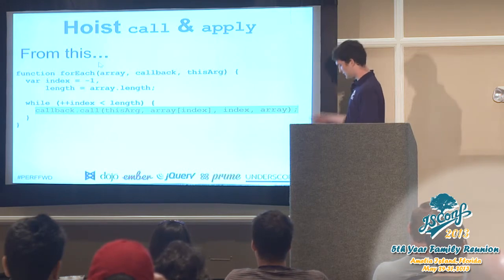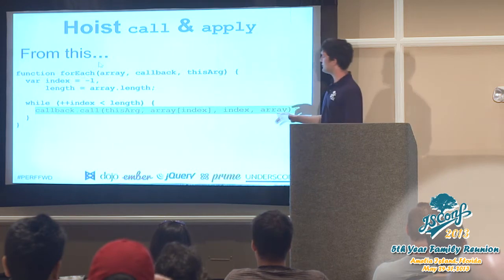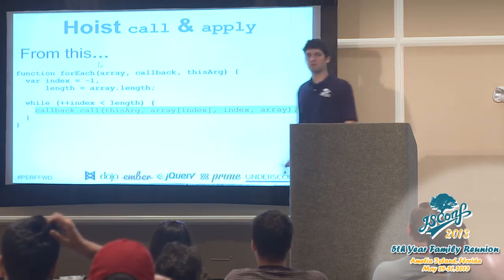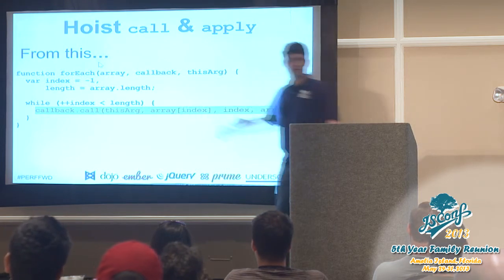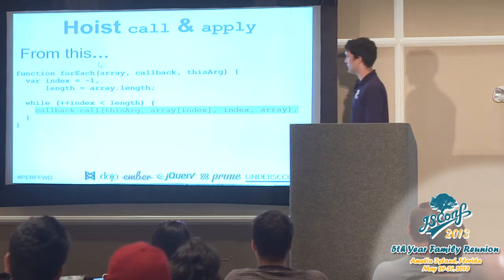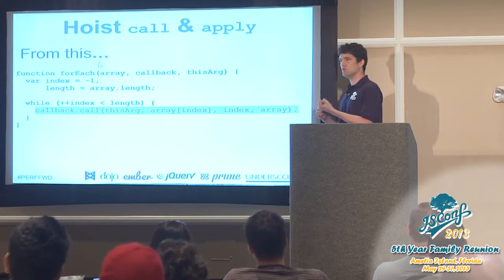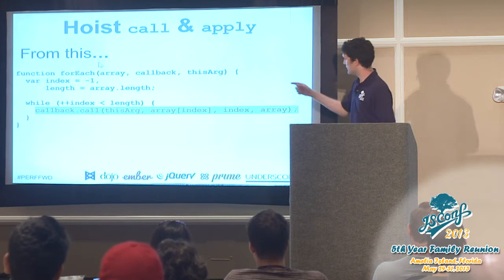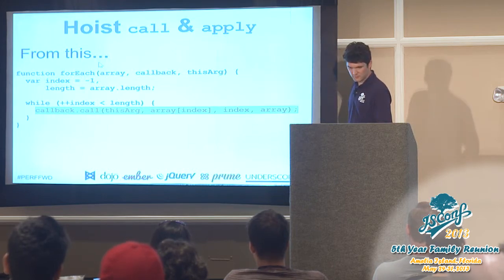So the general gist is we've all seen code like this, while loop, callback.call. What it's doing is the .call for the this arg, your this context. But if you don't pass a this arg, it's still doing a .call. And that is slower than just a straight function call. So like we all know that when you have loops, you move the hard work out of the loop. And in this case, you can move that .call out of the loop by doing something like this.